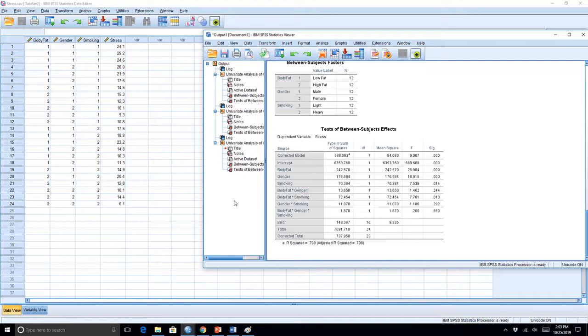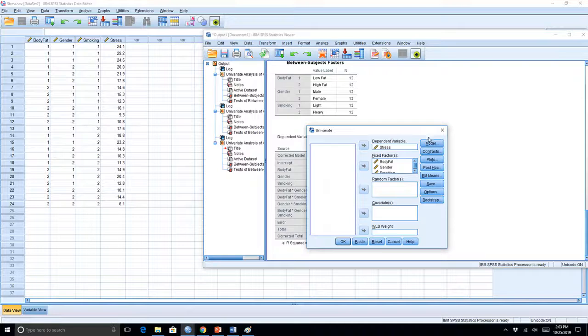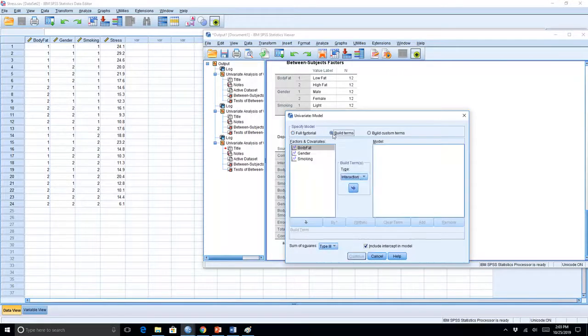Okay, so we know we're going to have to build it. So what I'm going to do is I will show you. So Analyze, General Linear Model, Univariate. If you go under Model and hit Build Terms, okay, I'm going to hit all the main effects. I'm just going to build the full factorial just to see what it looks like because then you can just remove them one at a time. Then it has this nice pull down, so you could do all two ways.